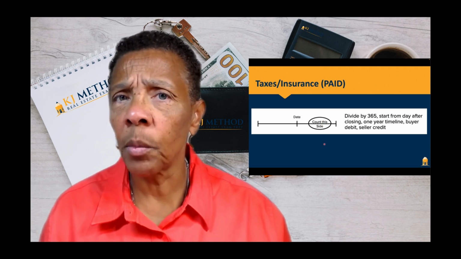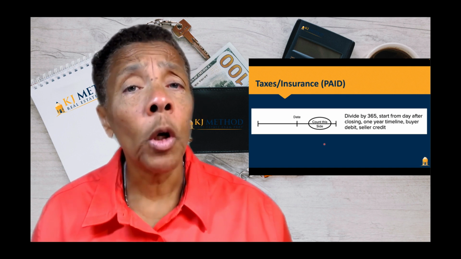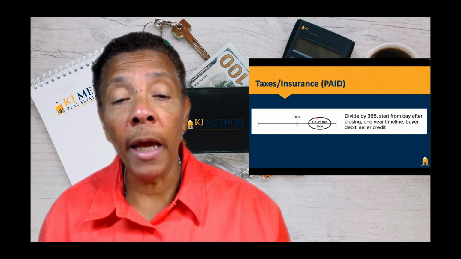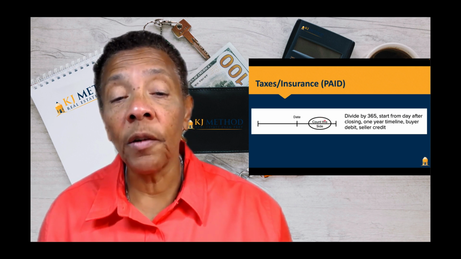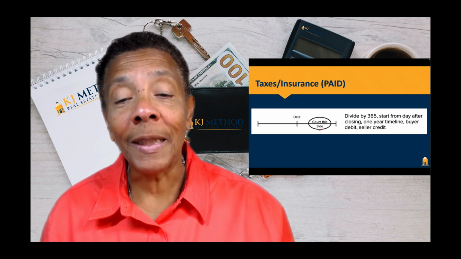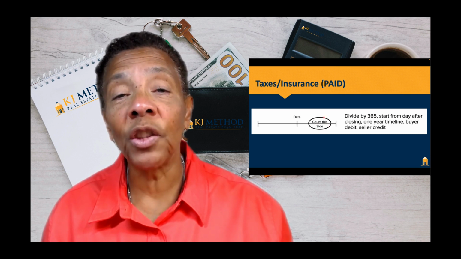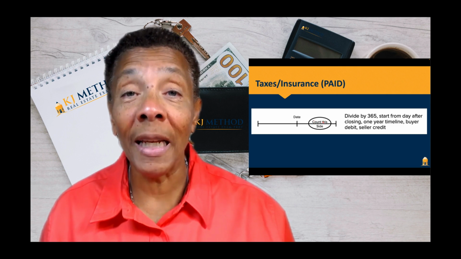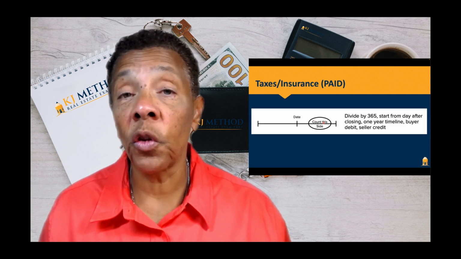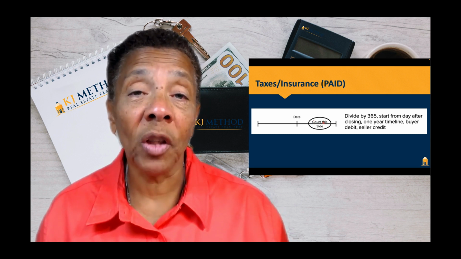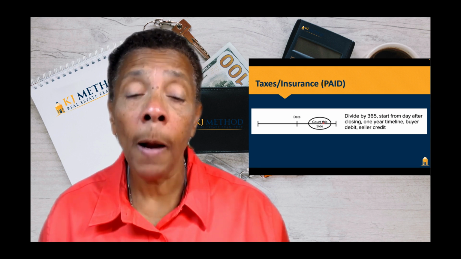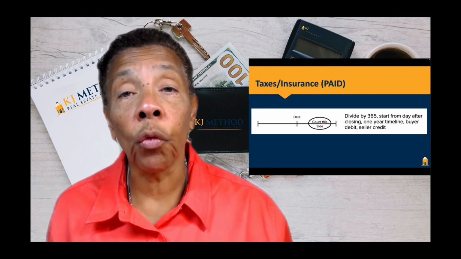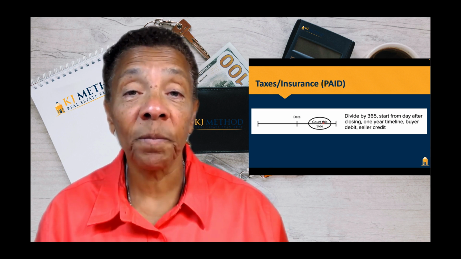We divide these timelines by 365 all the time, unless you're told something different in the test question, and you are going to give the buyer a debit and the seller is going to get a credit. Why is that? Because the buyer moving into the house, the seller paid for this entire year, and so we have to give that seller some money back for that period of time. So taxes and insurance paid, count the right-hand side of the timeline.